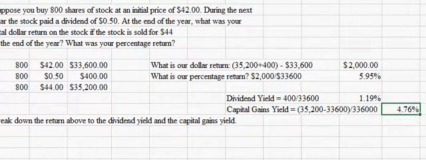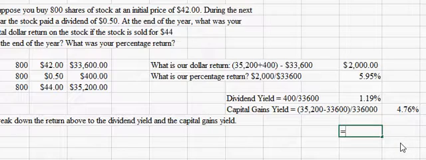Two decimals is 4.76. If we add those two together, we're going to come back to the 5.95%. So equals 1.19 plus the 4.76 to get the 5.95 overall return.